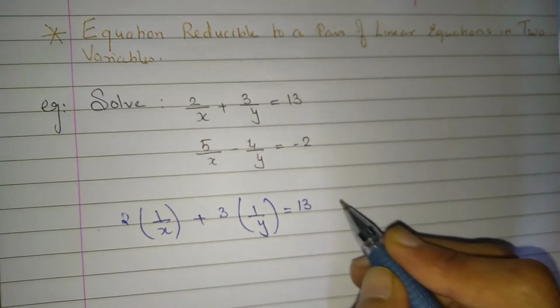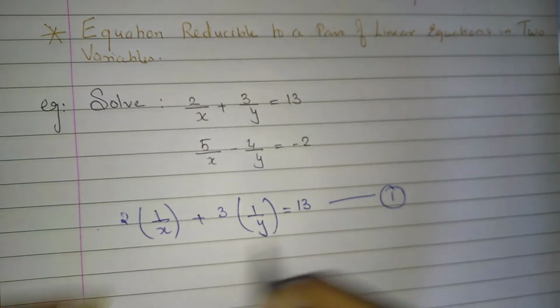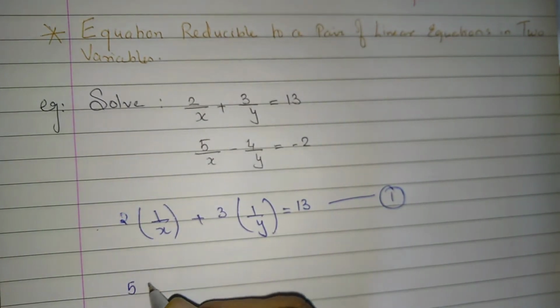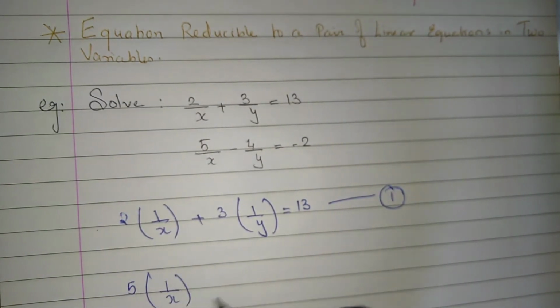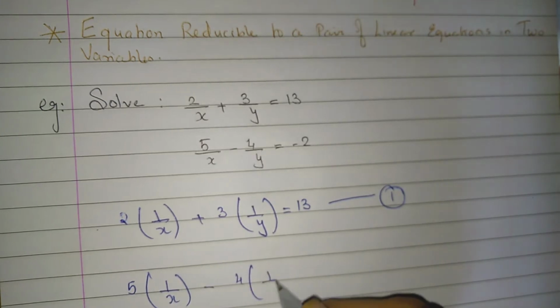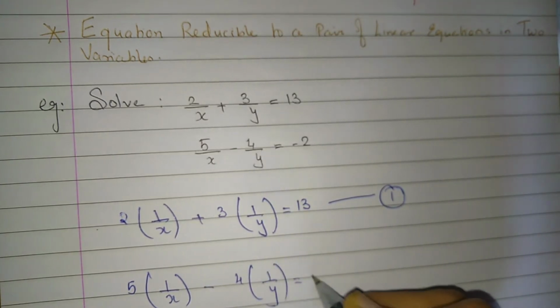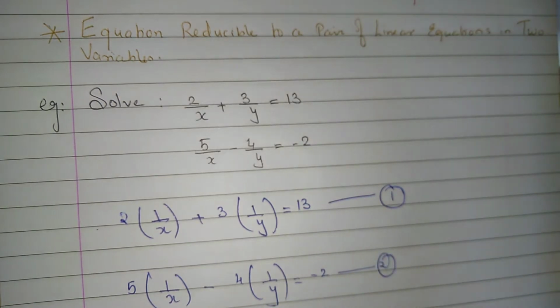Give it equation 1. Same here, 1 upon x and 1 upon y separately we have to write. So in the same way, equal to minus 2. So equation 2.